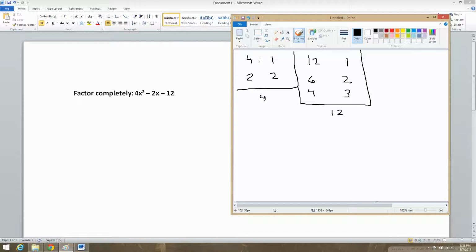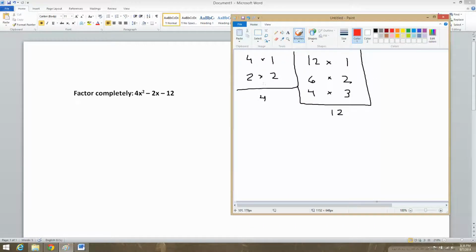So what we're going to do here is mix and match so that this plus or minus this will end up as -2.